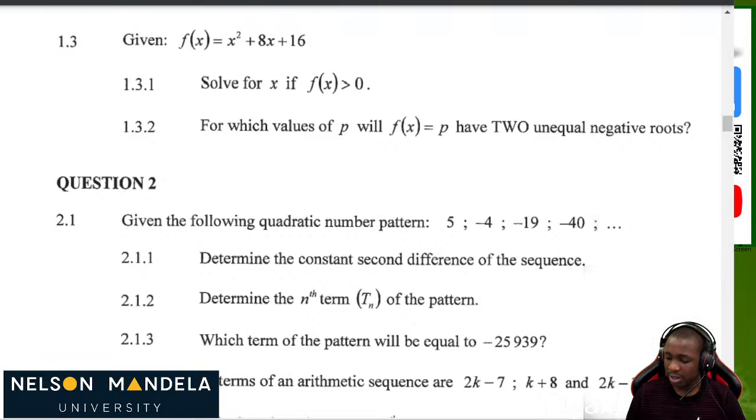We know that our discriminant is b squared minus 4ac. What is our b? Our b is 8, squared. What is our a? It's 1. And our c now is this entire part, which is 16 minus p.